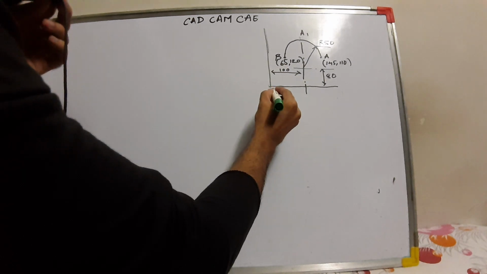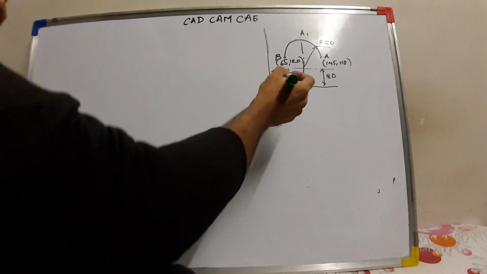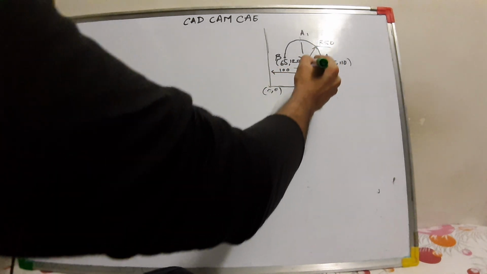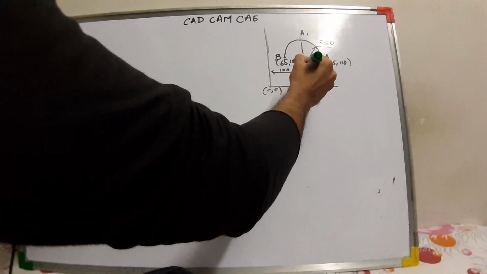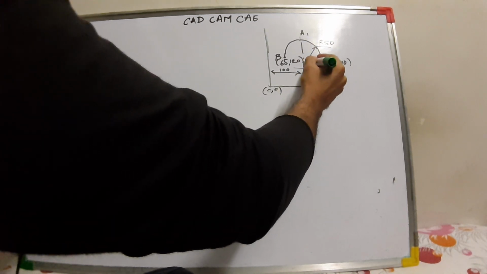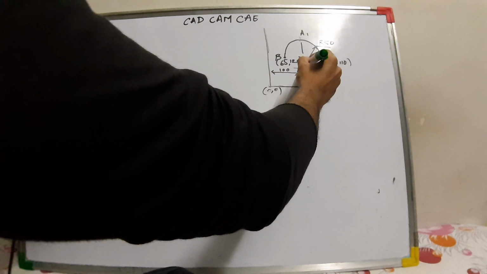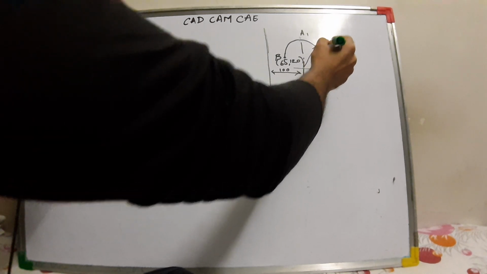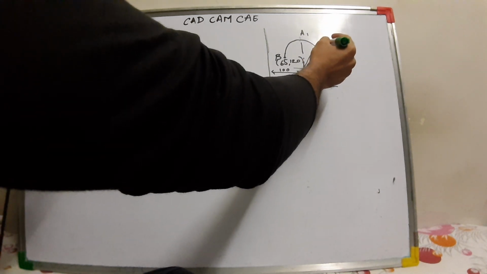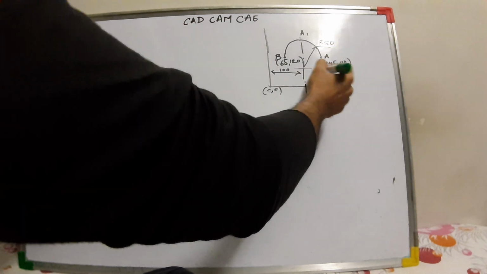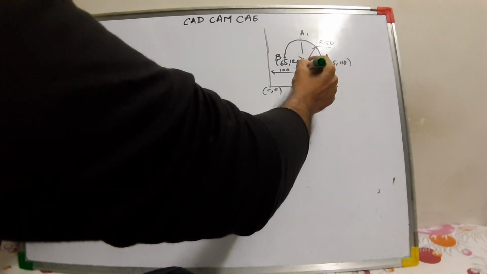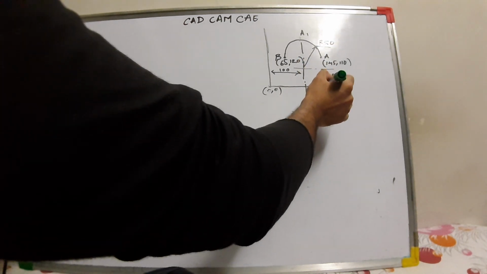So this is the reference point 0,0. Here they have measured the radius, where the radius of the semicircle is 50. And till here the distance is 80.